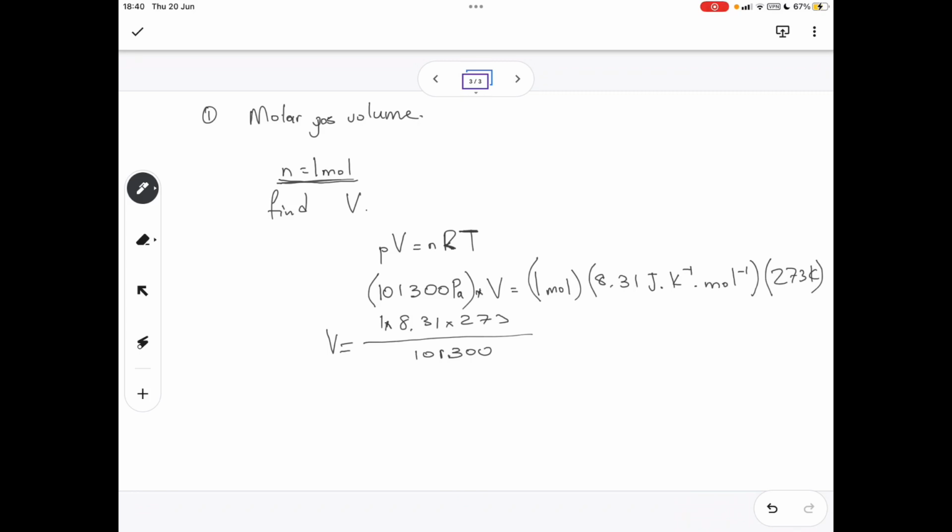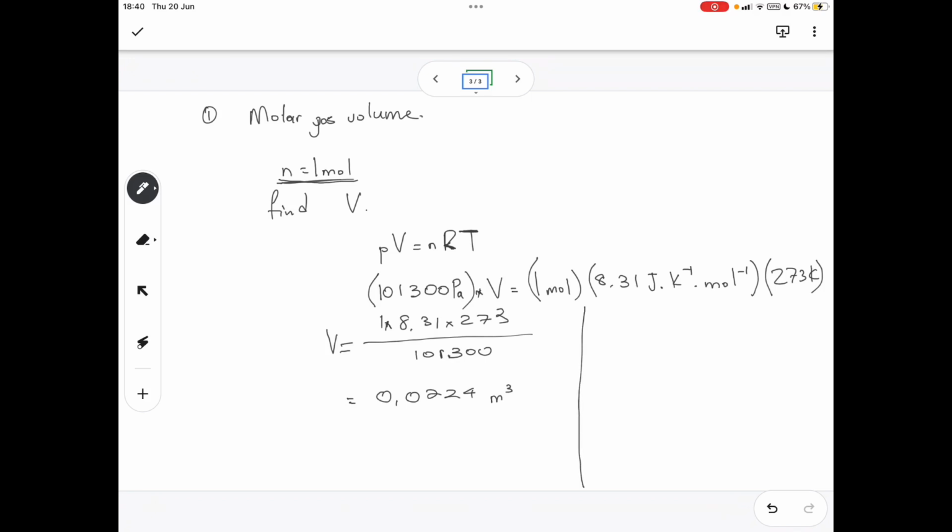So it's going to be 8.31 multiplied by 273, multiplied by 1. And then we divide this by 101,300. And it gives us a volume that equals 0.0224 cubic meters.